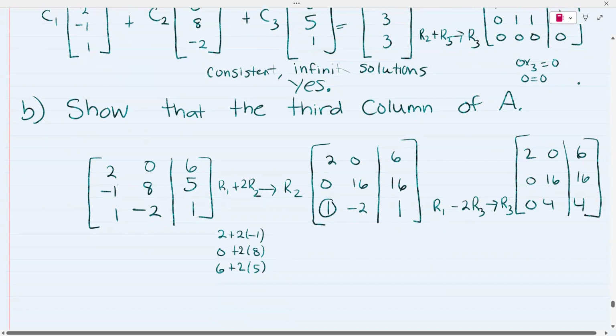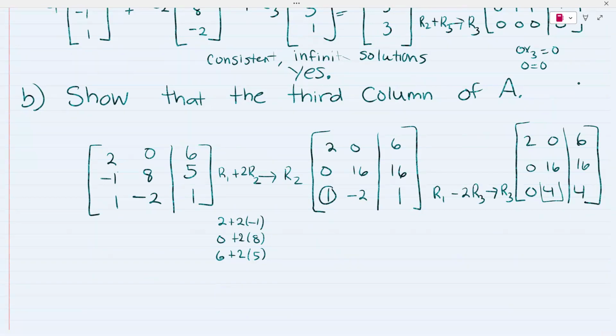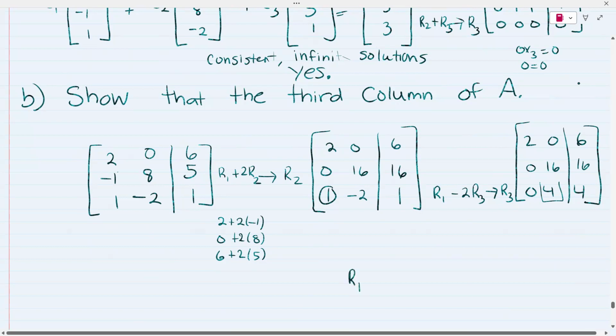What would I do next is make this 4 into a 0. How do I make this 4 into a 0? Actually, no, it would be row 1 minus 4 times row 3.